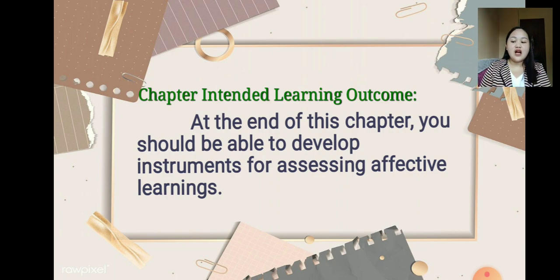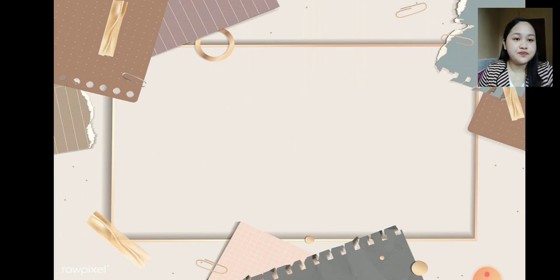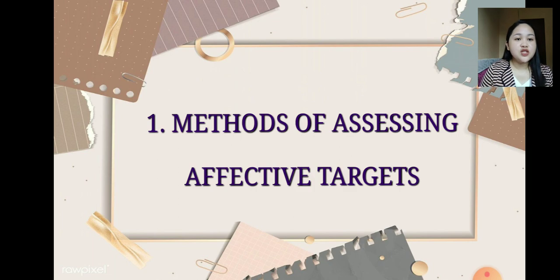Okay? So, this chapter's discussion has 3 parts. So, the first is methods of assessing affective targets. So, there are methods that were discussed by my co-reporters. The second part is about utilizing the different methods and or combinations of methods in assessing affect.